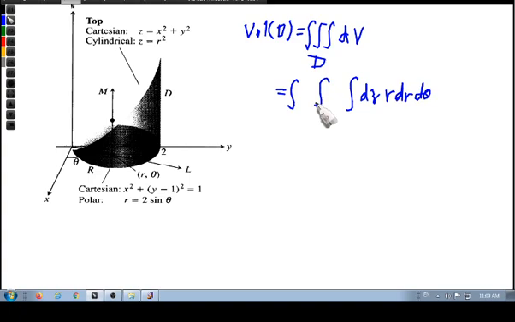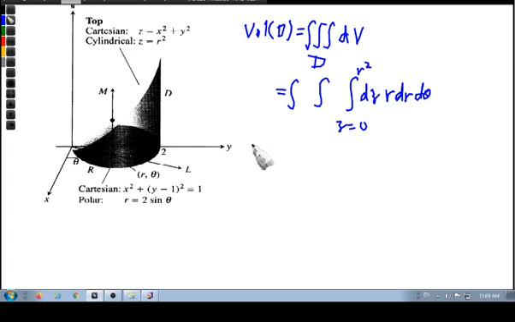On the lower side it is bounded by z equals 0, and on the upper side it is bounded by z equals x squared plus y squared, or equivalently z equals r squared. So z varies from 0 to r squared.